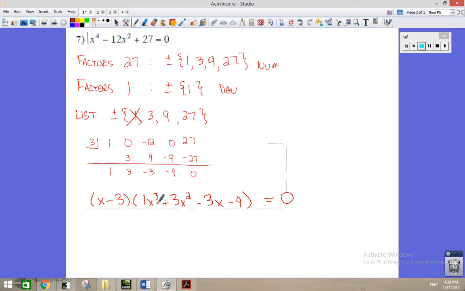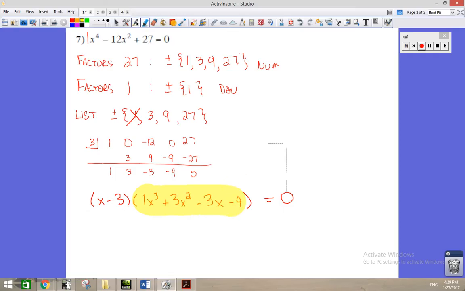Some people may be able to see that you can factor this by grouping, but I'm going to return to my list, and this time I'm not interested in the factors of 27. Now my constant term here is negative 9.